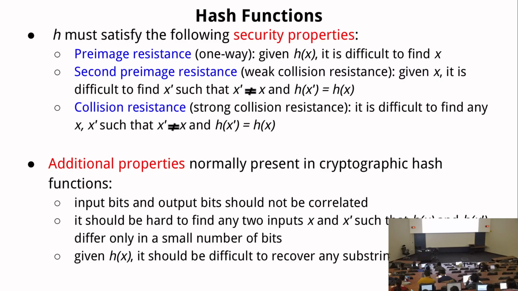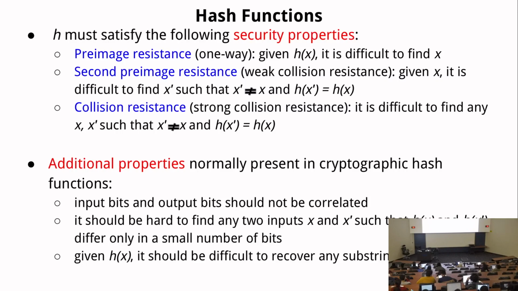The second one is second pre-image resistance, or weak collision resistance. Given x, it's hard to find another x such that their hash values are the same. The third one is collision resistance. It's difficult to find any two inputs that have the same hash value. It doesn't need to be given one of them.